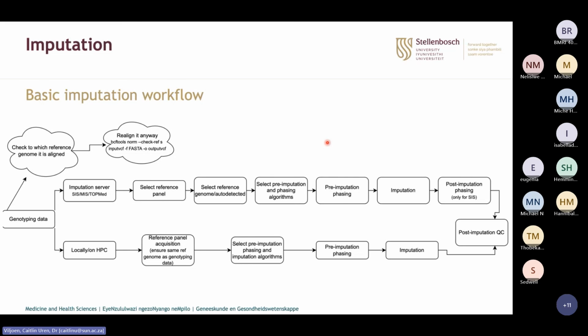You can select your pre-phasing and imputation algorithm. For some imputation servers you can decide which algorithms to use, and for others there are defaults. On the server, they do pre-imputation phasing and imputation automatically, and you would need to do post-imputation phasing only if you're using the Sanger imputation server, because they don't give you phased output data. For the others, they do.